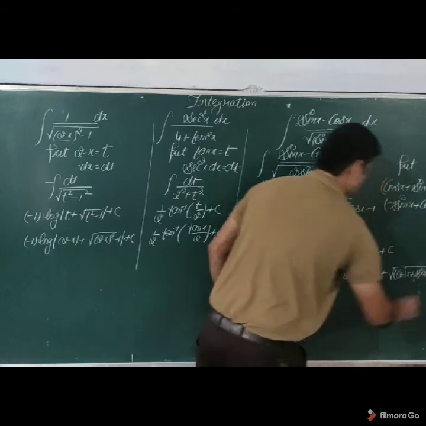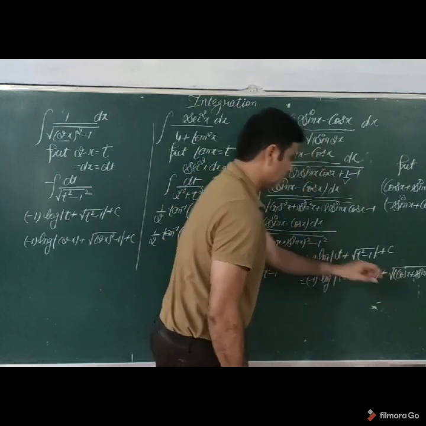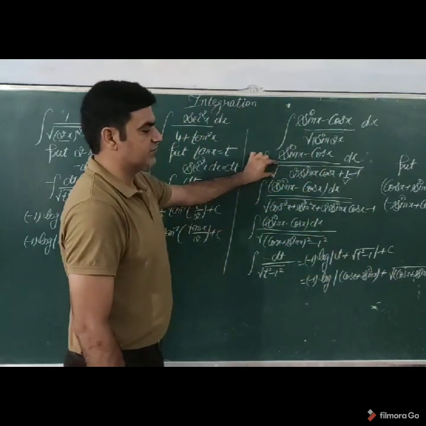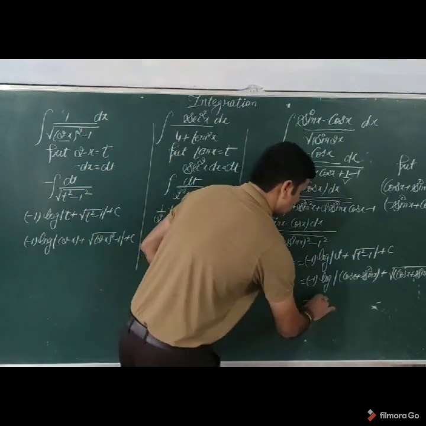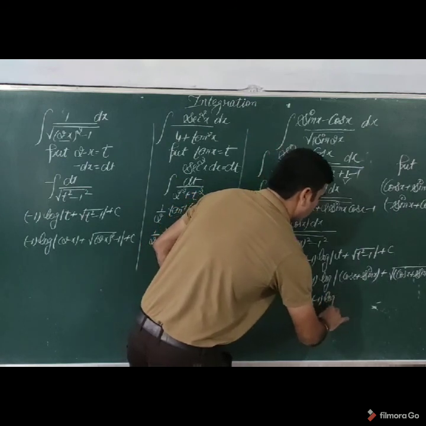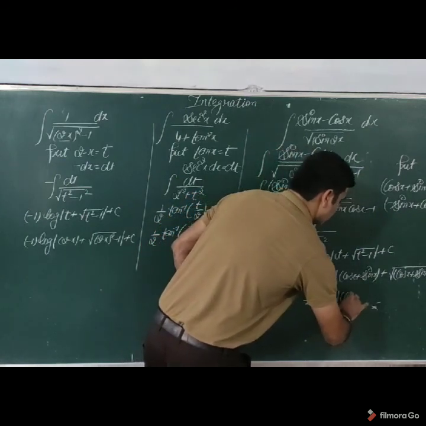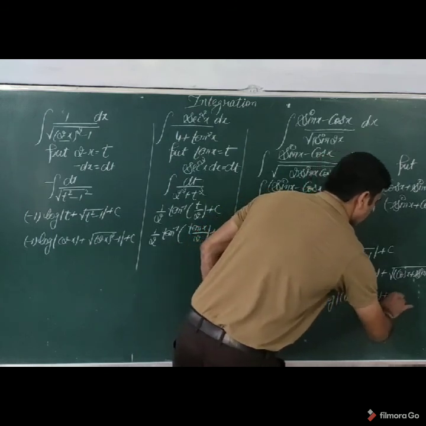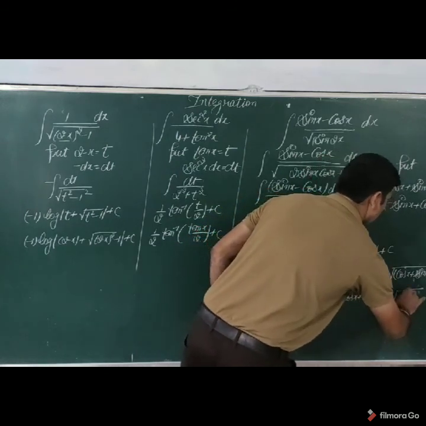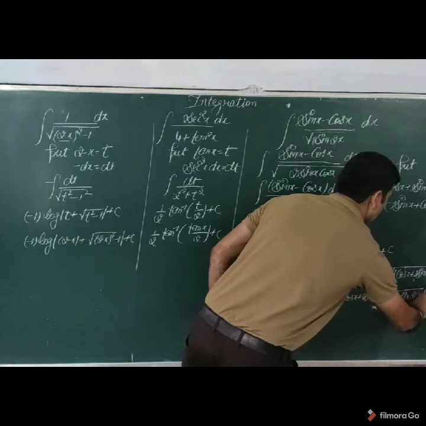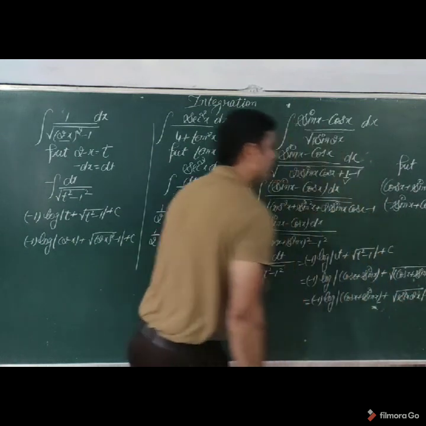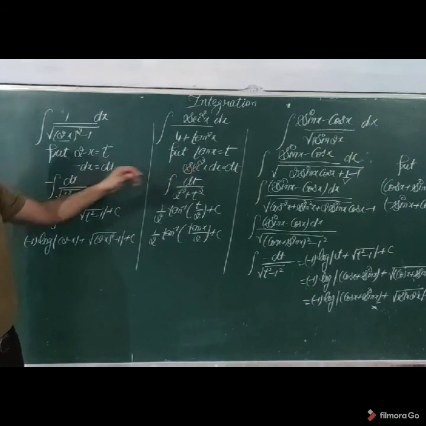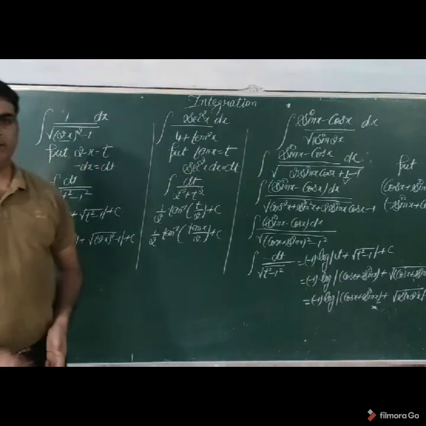If we simplify this bracket, we get the answer after simplification: minus 1 times log of cos x plus sin x plus square root of sin 2x, plus c. So like this, we can simplify in case of trigonometry as well as algebra. Thank you.